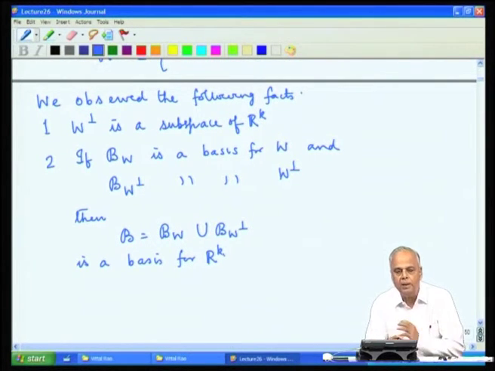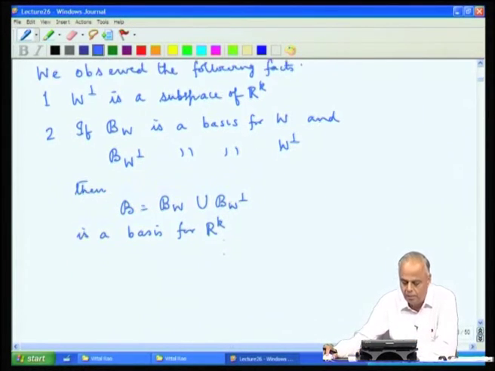So, we can get a basis for the whole space by getting a basis for W and a basis for the orthogonal complement.